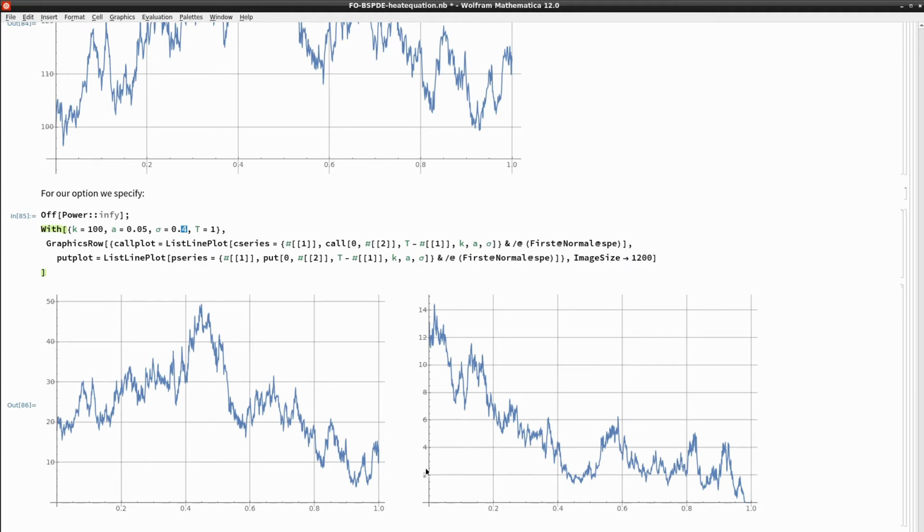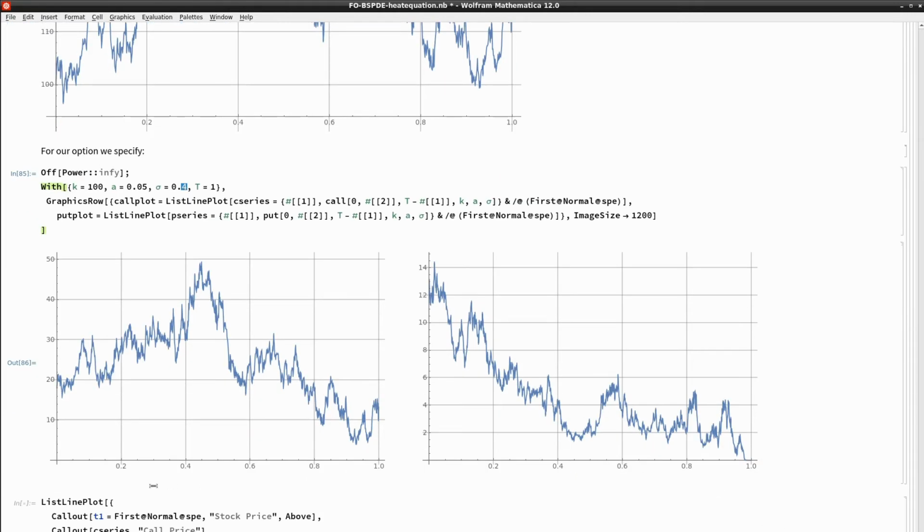And you will see that the calls end up after 1 year at $10, and the puts have become worthless. You see that we have absolutely no value here. The puts end at 0. Well, that's not surprising, because if the stock goes up, then the puts end worthless below the strike.